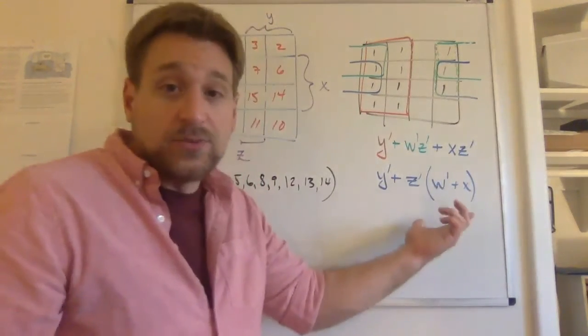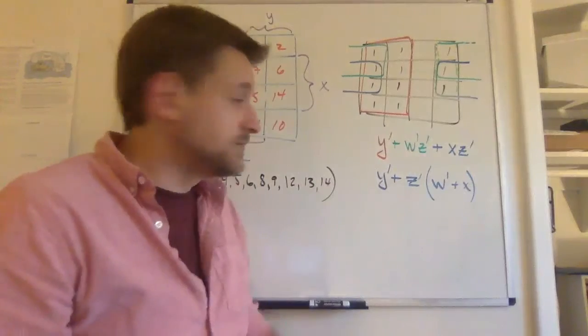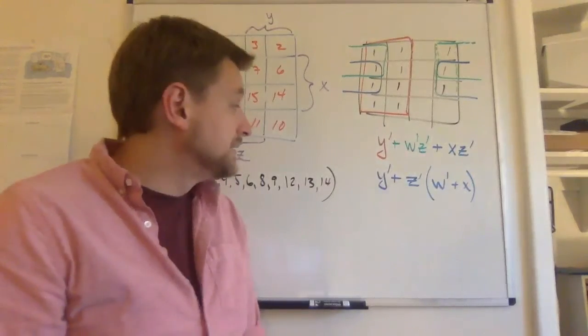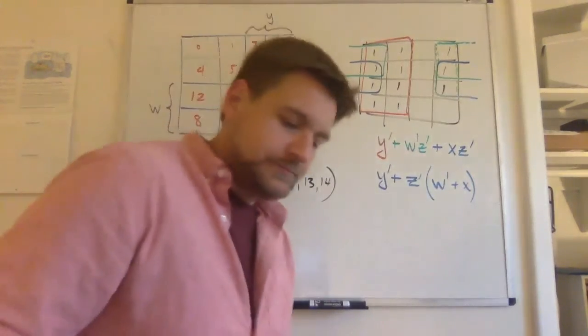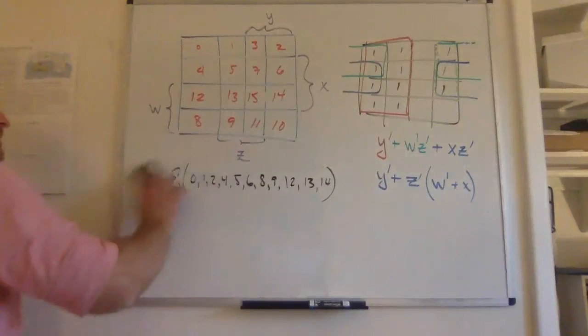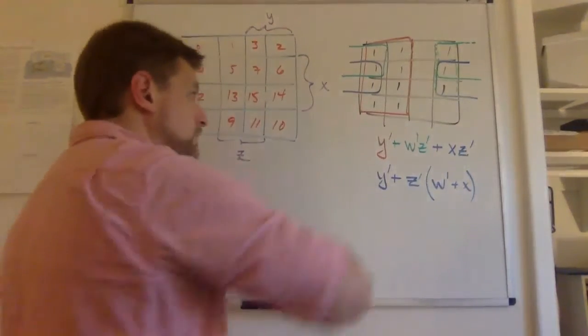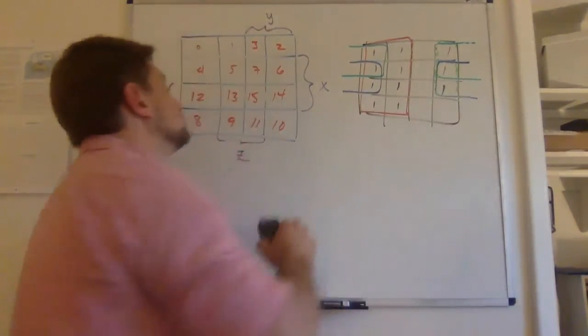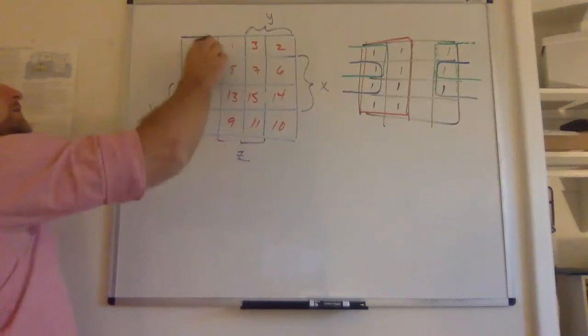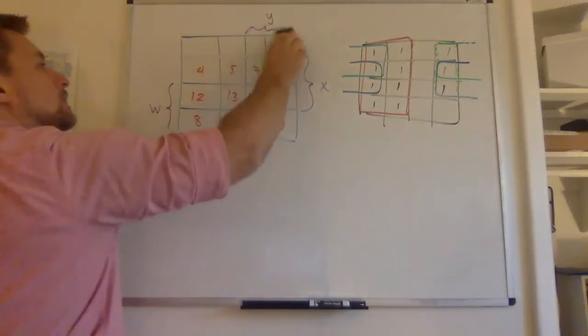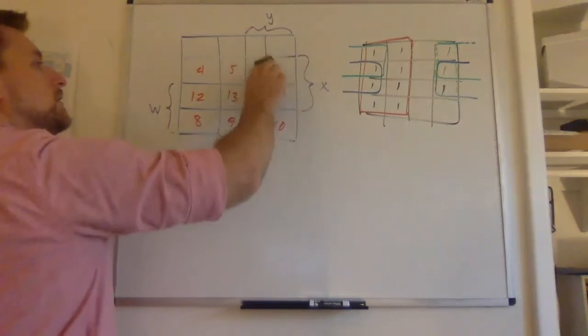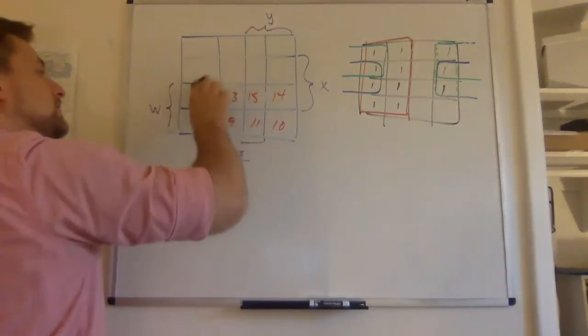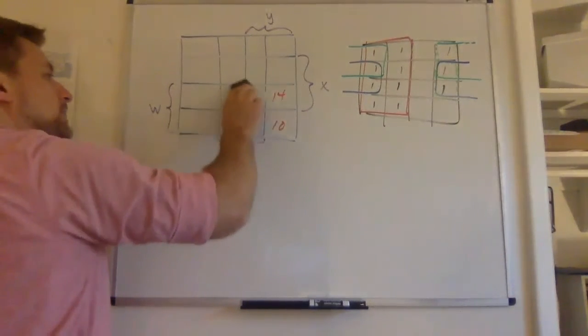It's a little bit simpler because we can use 2 input gates, but it's about the same. Okay, let's try one more. This one, let's make it given to us not in sum of minterms.